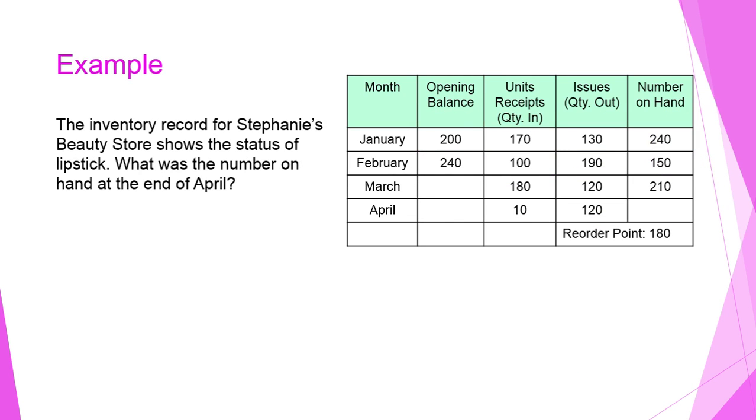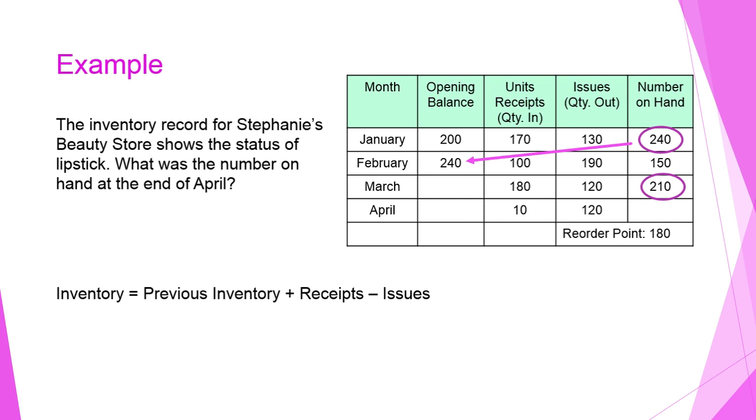Next one, this time we're looking for the number on hand at the end of the month, not the opening balance. To find the number on hand, or what we call inventory, we get the previous inventory plus the number of receipts minus the issues. So we know that the beginning of April we have 210 lipsticks.